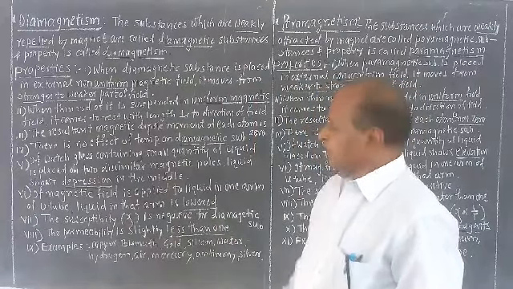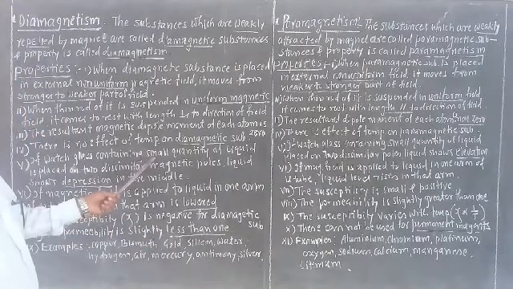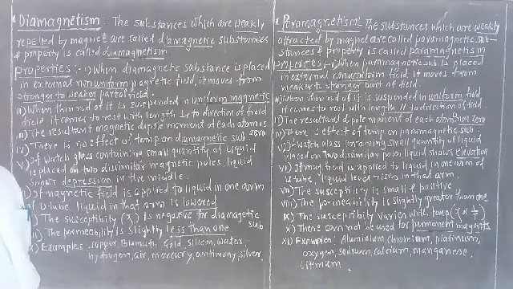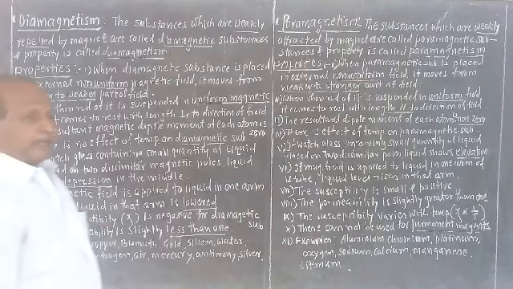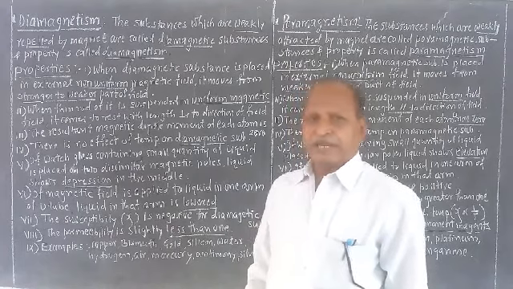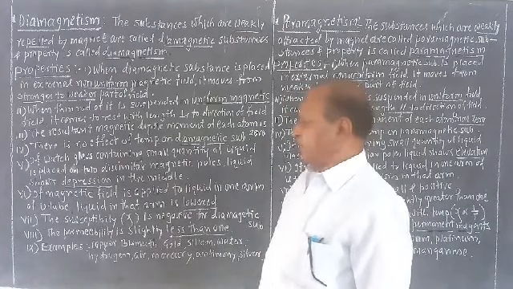Next, if a watch glass containing a small quantity of diamagnetic liquid is placed on two dissimilar magnetic poles, the liquid shows a depression in the middle.